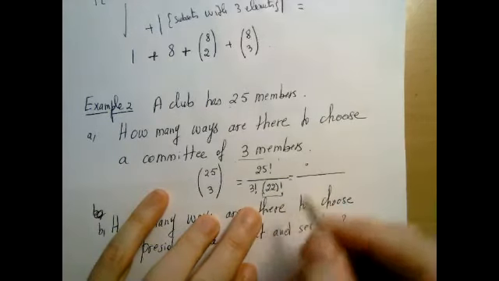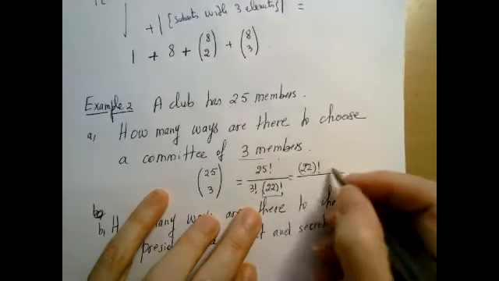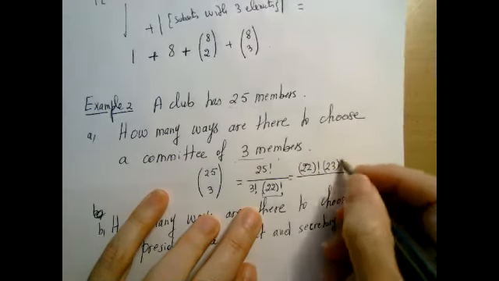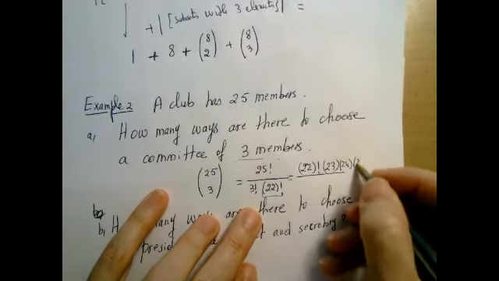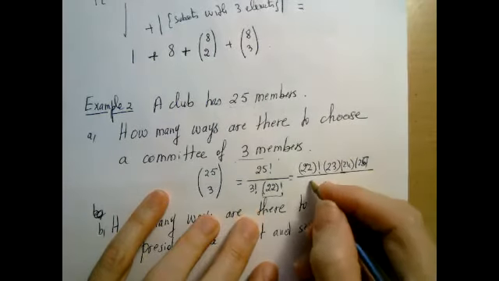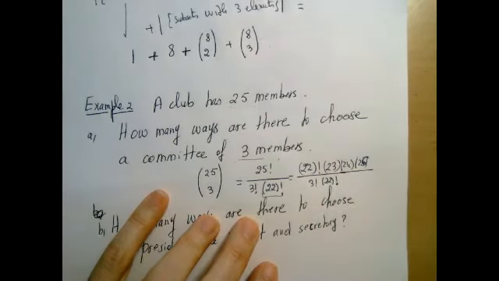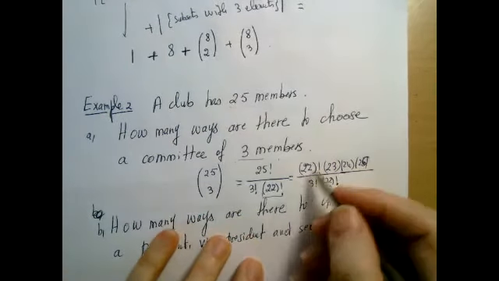Because I have 22 factorial, I will break my 25 into 22 factorial times 23 times 24 times 25. And I divide by 3 factorial times the 22. So I break it so the math will be easy.